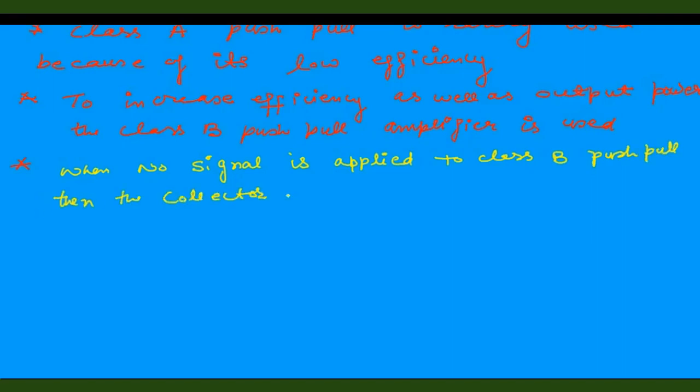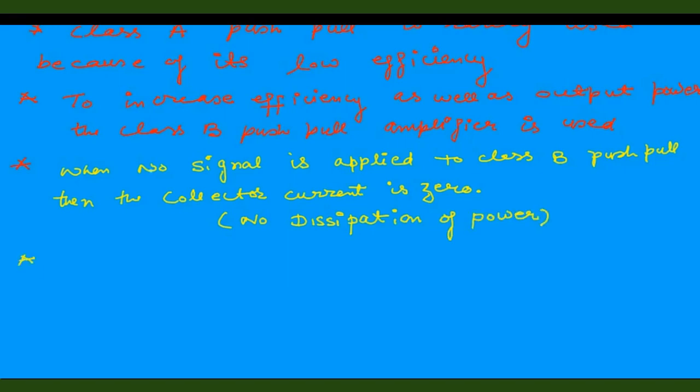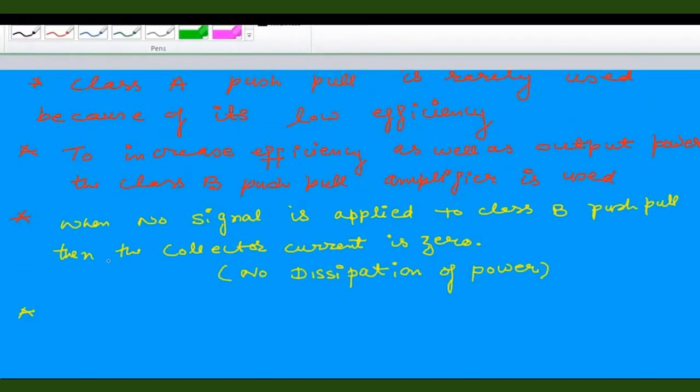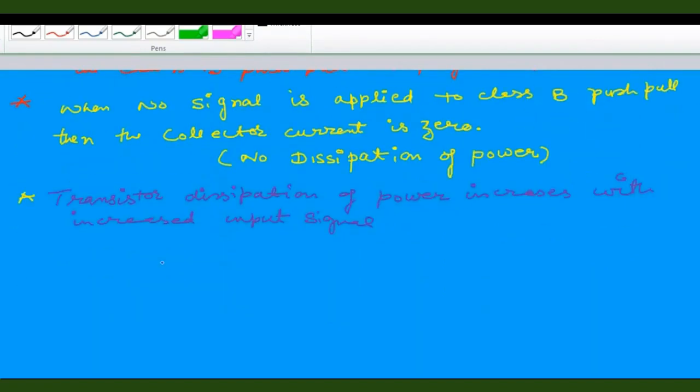When no signal is applied to class B push-pull, the collector current will be zero. There is no dissipation of power in the absence of the signal, and dissipation of power increases with increased input signals.